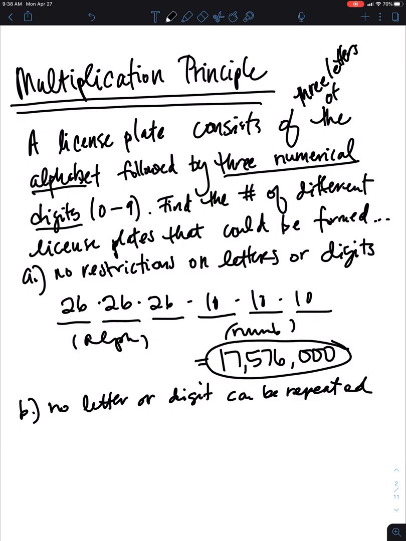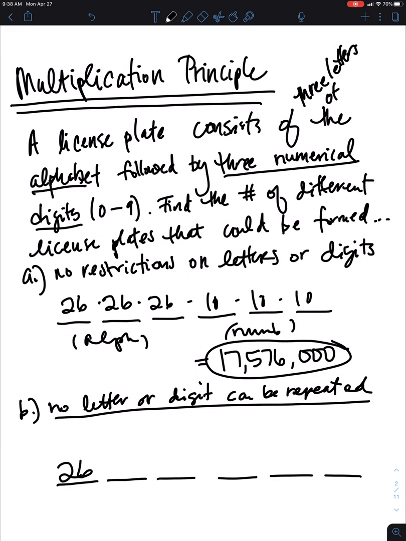So if you have restrictions, let's talk about that. No letter or digit can be repeated. We're going to do the same thing. Those are my alphabet, these are my numbers. If I use all the letters, that's 26, but I'm taking away the one letter that I used. Let's say I used A. Then in the next spot, all 26 are not available, right? We have to take away 1, so 25.